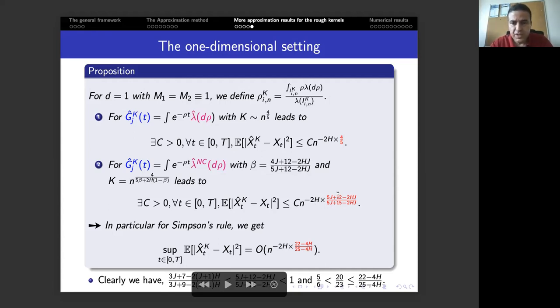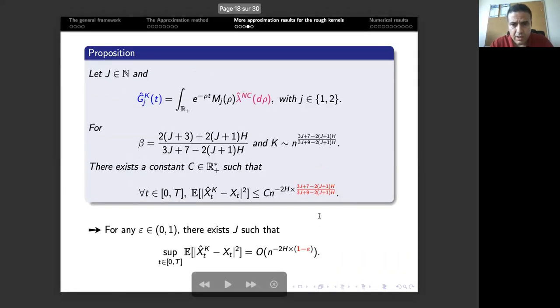But for fixed G, we can notice that by this new modification of the weights, at least for the weights involved in the first interval between 0 and k to the power beta, we improve the rate. So this rate that you see here in red is better than the rate given before. So it's smaller than the rate given before here.